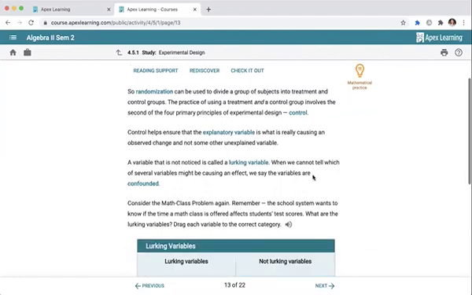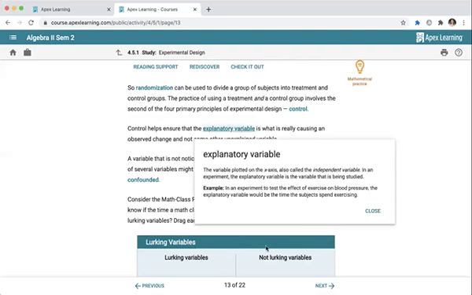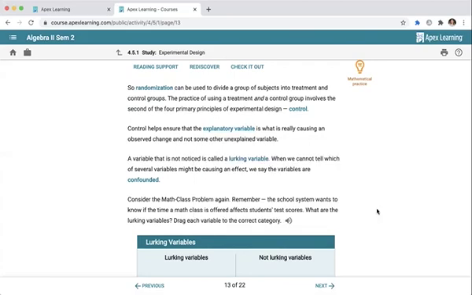Okay, and control helps us make sure that our explanatory variable is what's really causing an observed change. What they mean by explanatory variable is our independent variable, or the variable that is explained as the reason. Okay, so don't let this confuse you here. Explanatory variable is the variable that is explained as the reason, otherwise known as our independent variable.